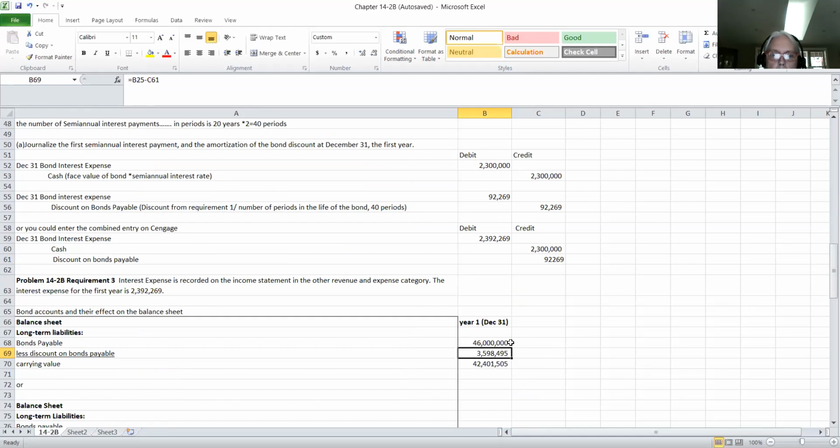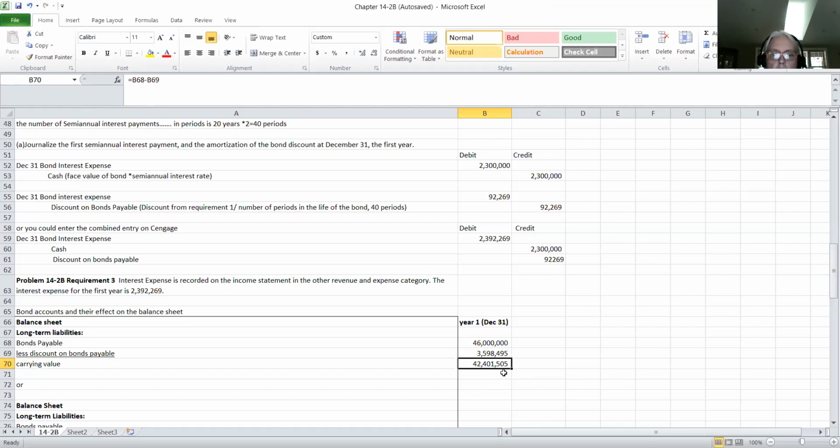Notice the difference between the face value and the discount on bonds payable will leave you with what we call the carrying value of this bond issue, which is now $42,401,505.